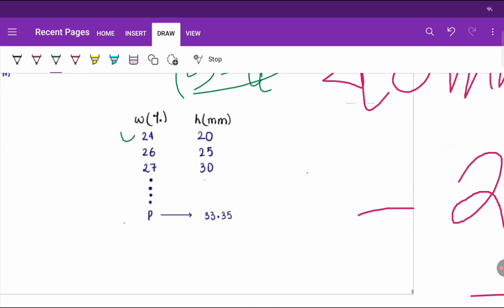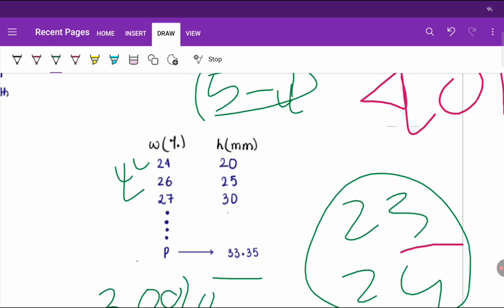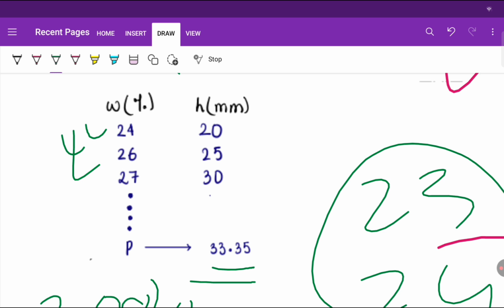There is only a fixed value you can add, from 23 or 24. Consistency of cement is around 33. We'll get around 33, but we'll start from 24 or 23. Why? Because we are not sure about it. Normally we will get around 30, but we will start from 23. If we want to perform this test properly, then we have to start from 23 or 24, right?